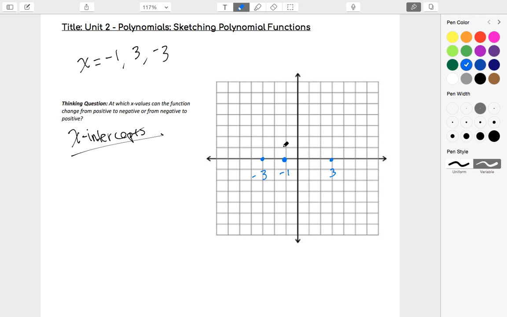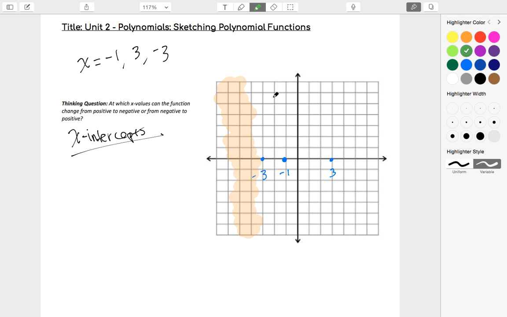Great. All of that work just to get started on figuring out whether or not our function is going to be above the x-axis or below the x-axis. Okay, so the way for us to find that is using interval notation, or just figuring out what the intervals are. Now I'm only going to do this once, but to give you an idea, we have an interval right here where it's less than -3.